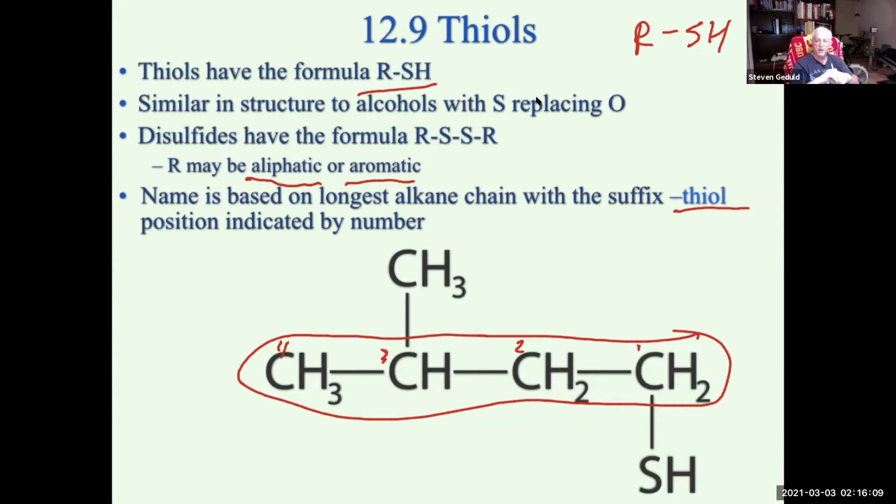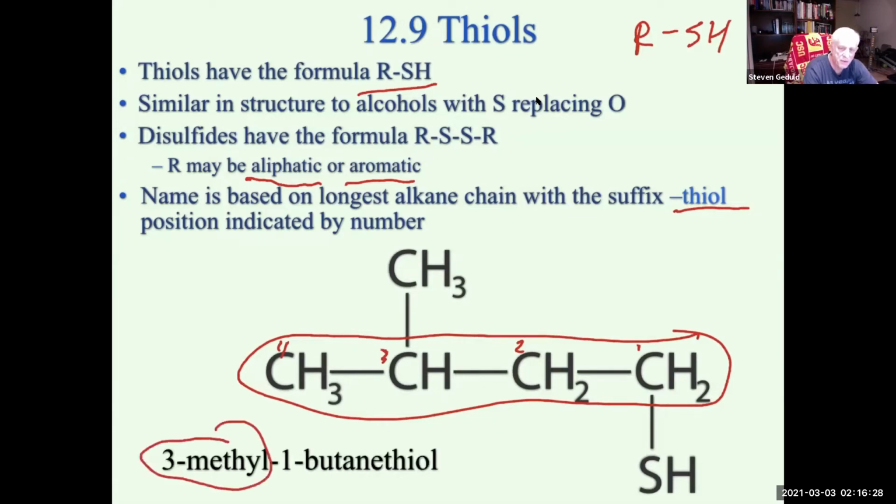And it's all single bonds, so it's butane. So instead of butanol, it'll be butanethiol. Okay, 3-methyl-1-butanethiol. So there's our 3-methyl group that tells us there's a methyl group attached to the 3rd carbon. Number 1 tells us where the thiol group is, the SH, and there's 4 carbons all in a single bond. So it's butanethiol.